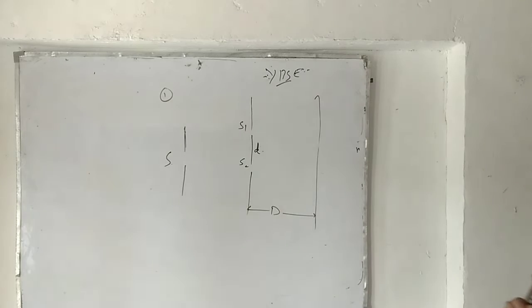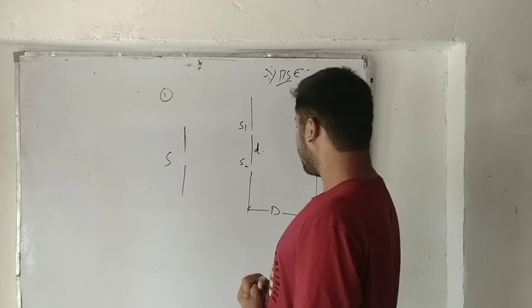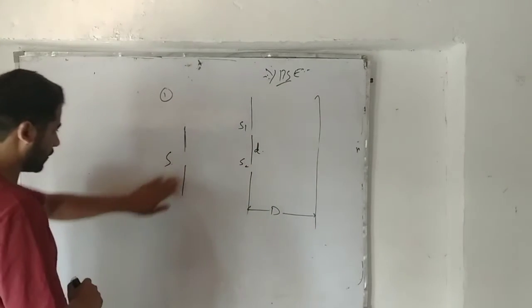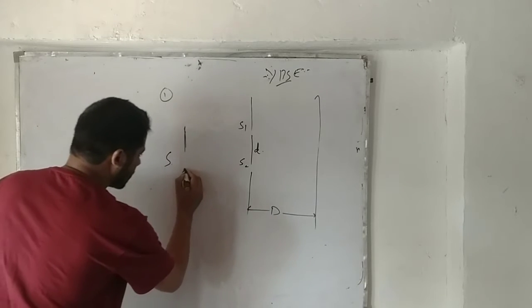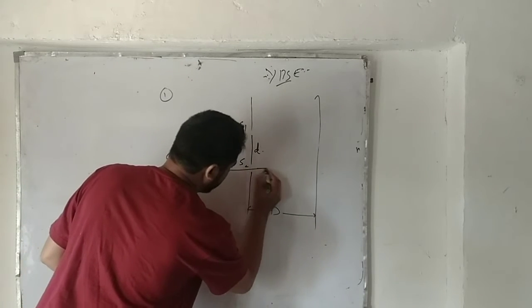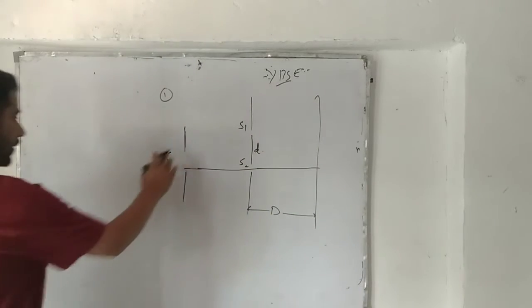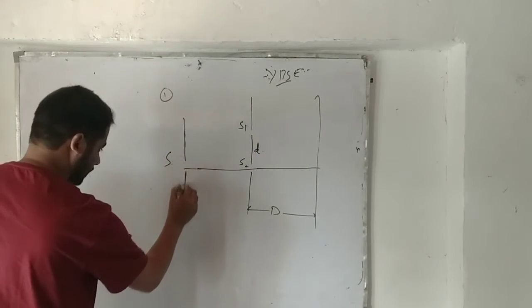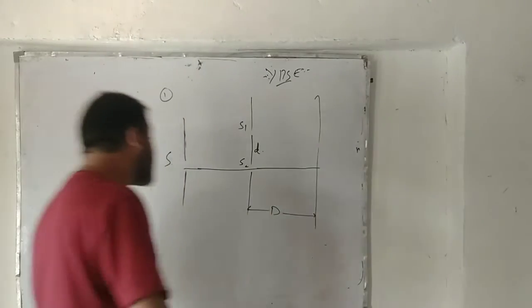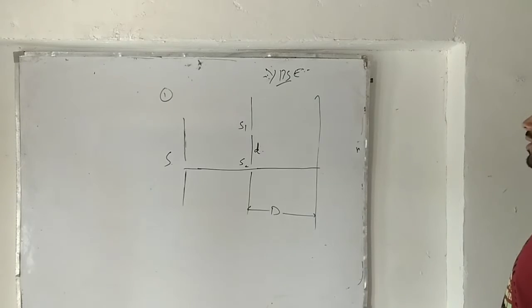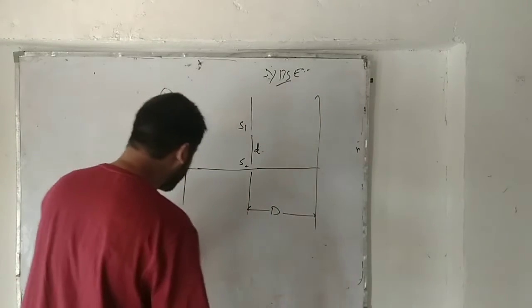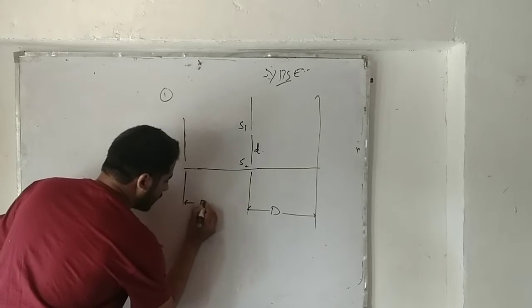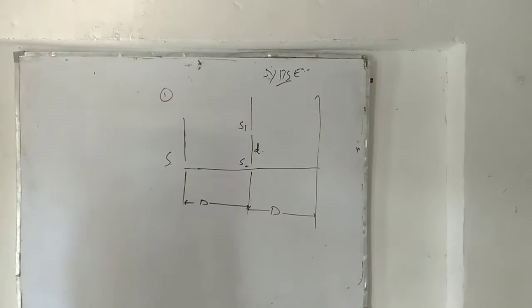But if it is given in the question that slit second lies along the line of the source slit S, and the source slit is also at the same distance capital D from the planes of the two slits.